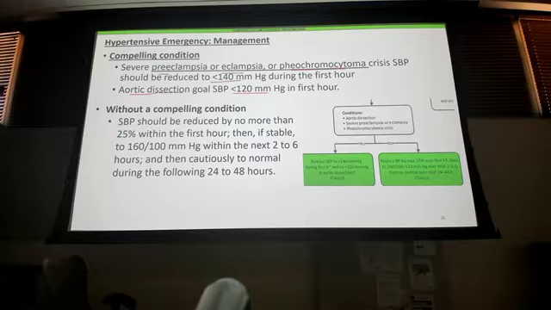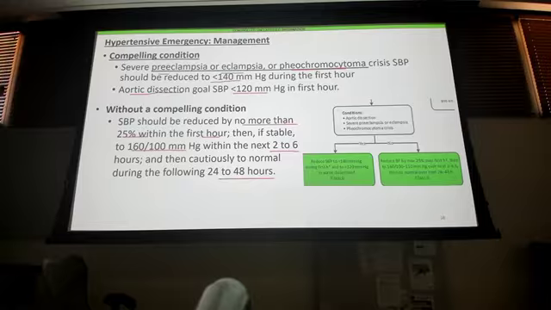If they don't have one of these three conditions, then we are less aggressive in lowering their blood pressure. And typically, we want to do no more than 25% in the first hour. Then if stable, get them down to 160 over 100 within the next 2 to 6 hours, and then cautiously get them down to normal over the course of the next 1 to 2 days.